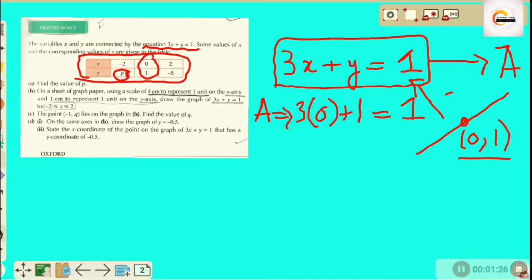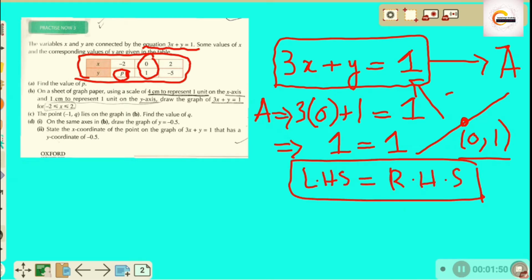Then 3 multiplied by 0 is 0, and 1 is equal to 1. So if the point lies on the straight line whose equation is known, then its LHS will be equal to its RHS, meaning left hand side will be equal to right hand side. This is the common understanding.